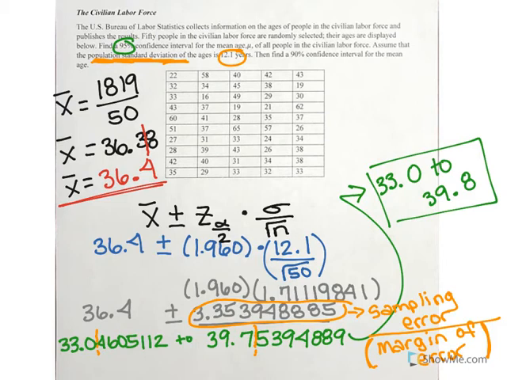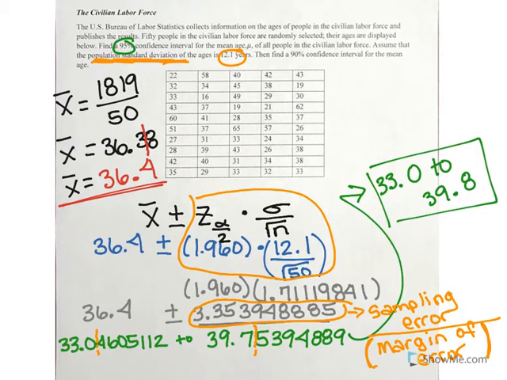This is the same concept. My actual margin of error, by doing a little math, by taking the z-score and the sample standard deviation formula, will produce my margin of error. So this margin of error is 3.35 rounded. Okay, some more decimals, but that's around about the margin of error given.